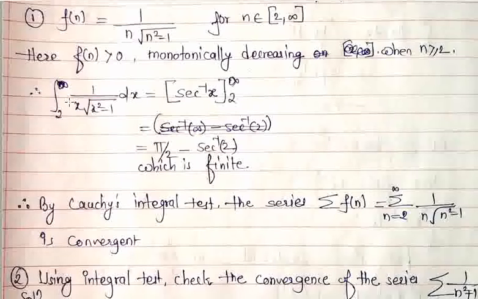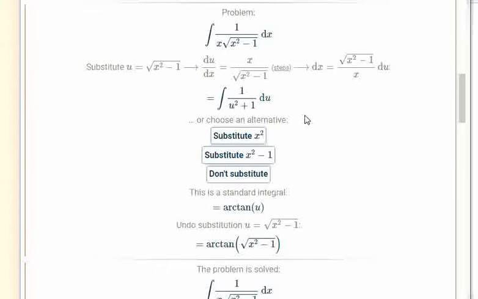Okay, so this function can be evaluated as sec inverse of x. So here's the same thing: the integral of 1 divided by x root of x squared minus 1 dx.